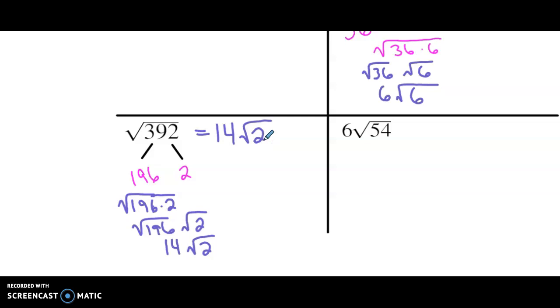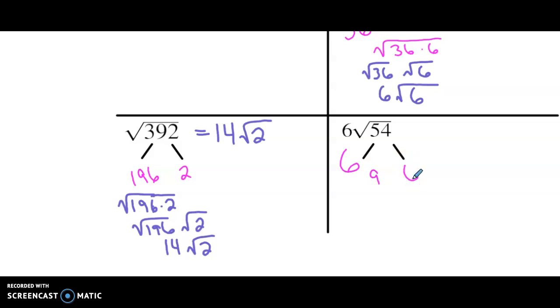Now, in that last example, we have 6 times the square root of 54. The 6 you're going to leave out in front, and with the 54 you're going to find the factors. In this case, for 54, we have 9 and 6.